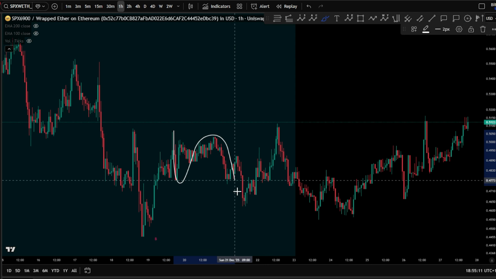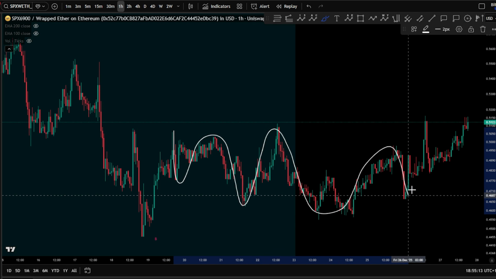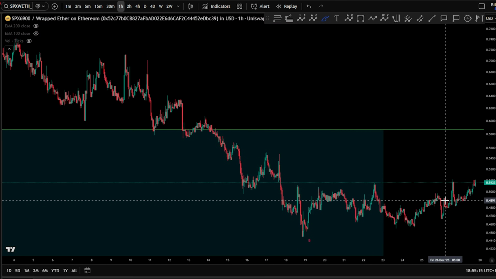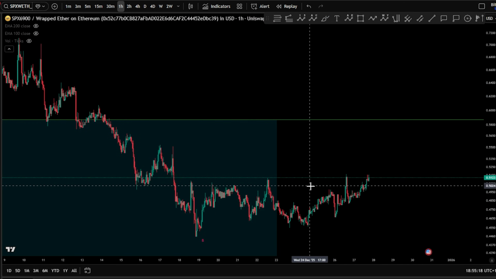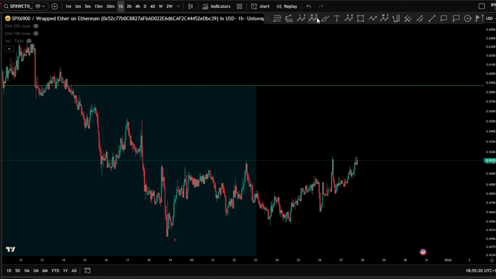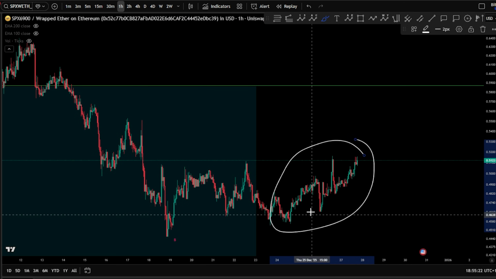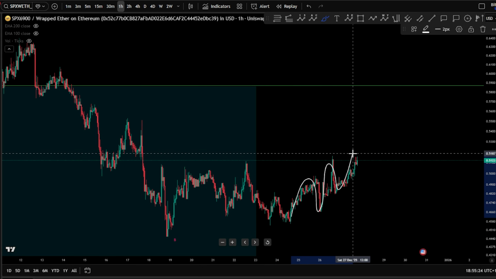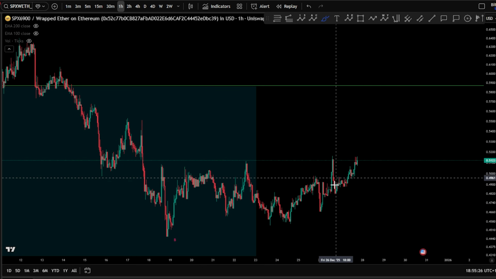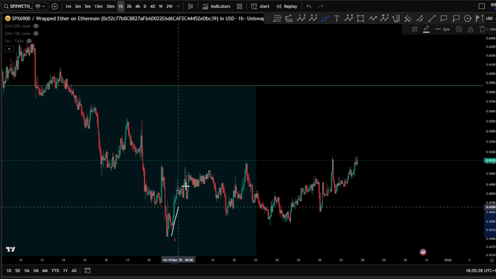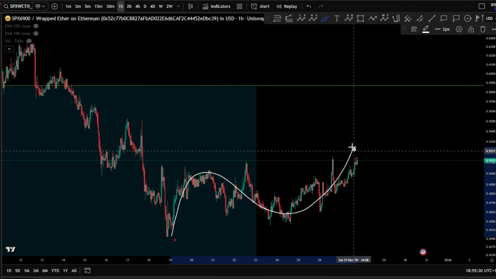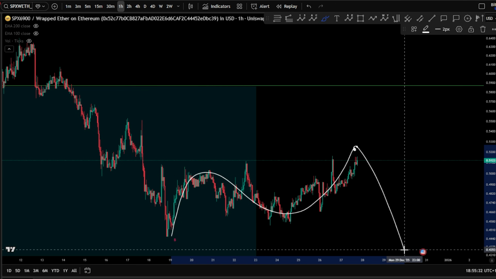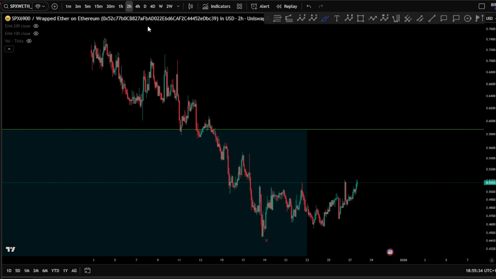But after this, we got a very, very long sideways and a very, very complex structure. I don't see something very impulsive over there, especially as you have everything overlapping again and again. We simply see a very complex structure, which might end up as a correction, and then taking one more time the low for SPX.